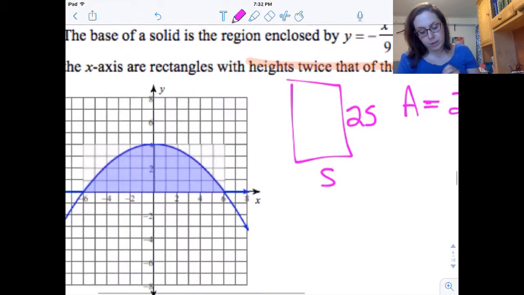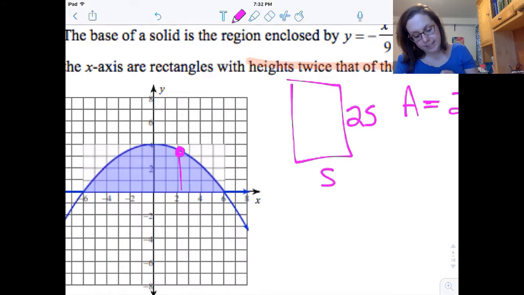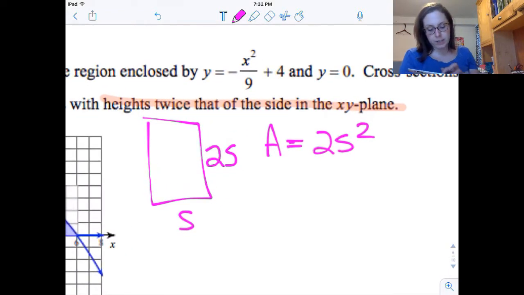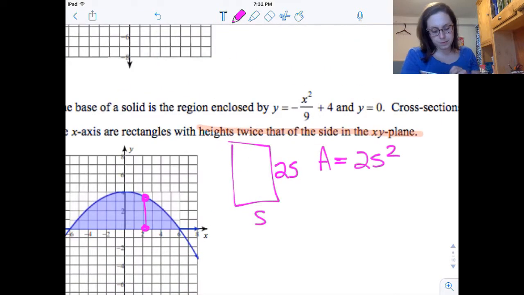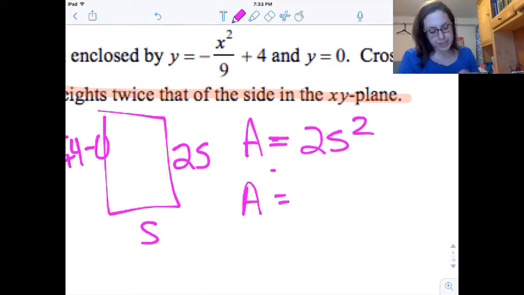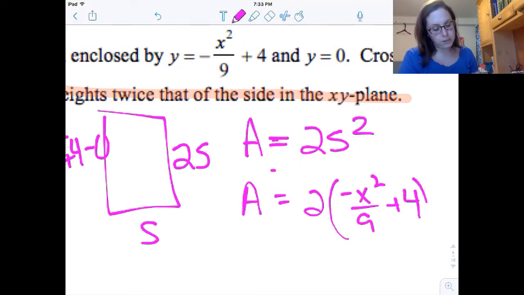We know that these are perpendicular to the x-axis, so same idea. I'm going to do top minus bottom for this. So s equals negative x squared over 9 plus 4 minus 0. The bottom is 0. So my area function is 2 times negative x squared over 9 plus 4, squared.